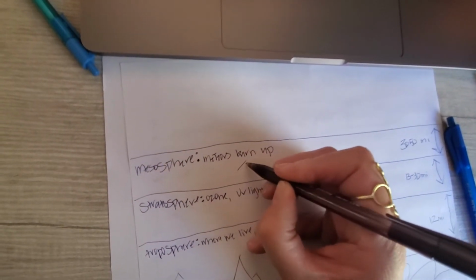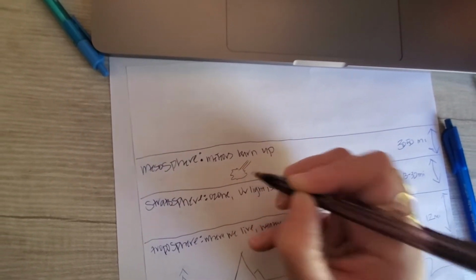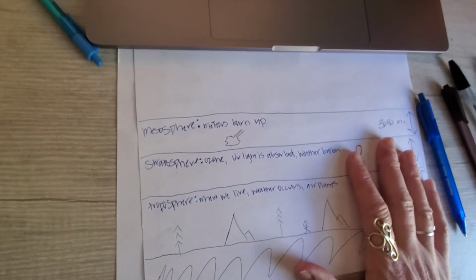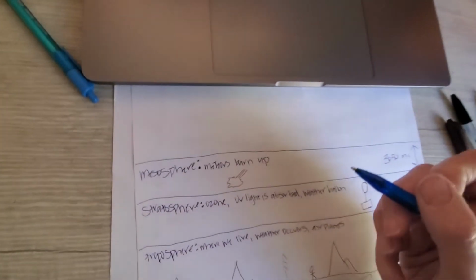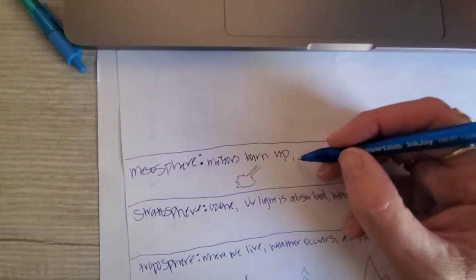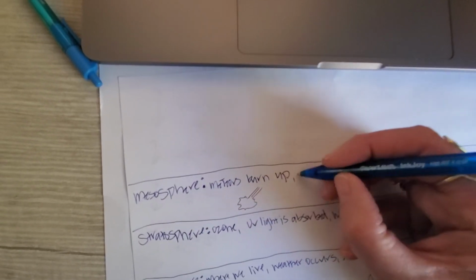You could draw a little meteor if you want. Also, this is a very cold layer. It can freeze water vapor into ice clouds.